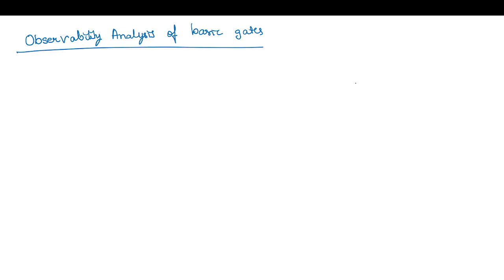So if we consider an AND gate with A, B as inputs, how easy or difficult is it to observe this node? From the output, we will go to the inputs, to observe 1 here or observe 0 here.